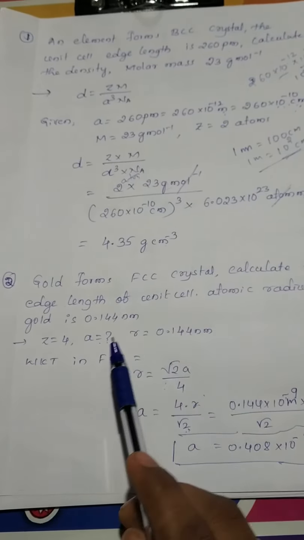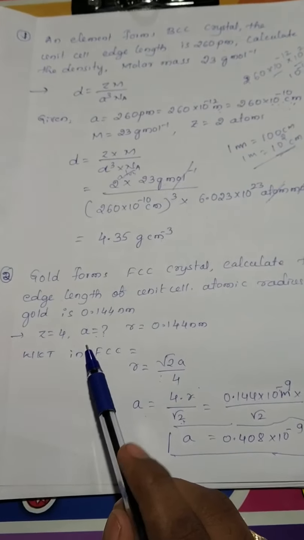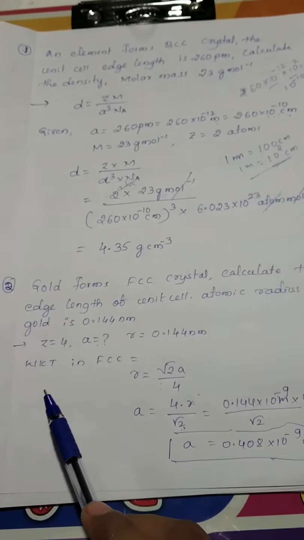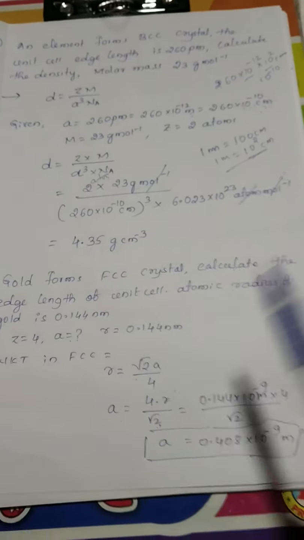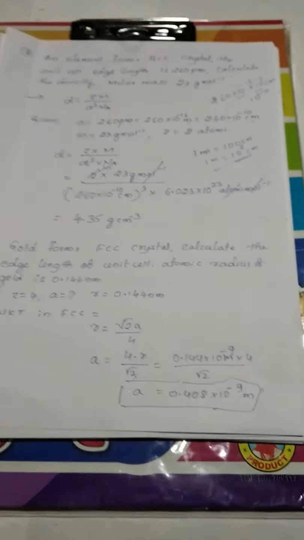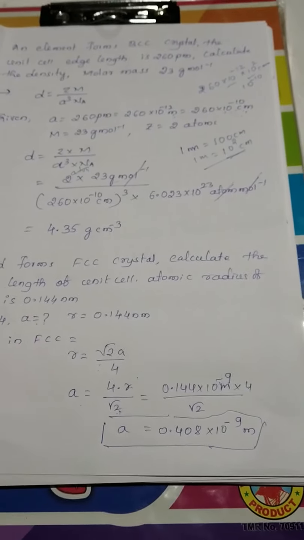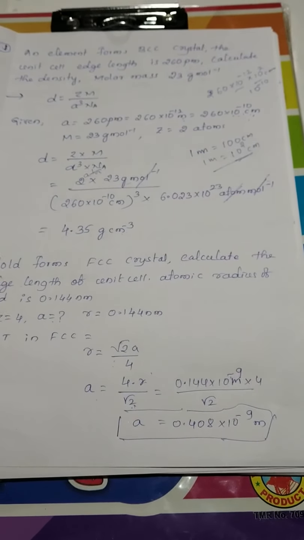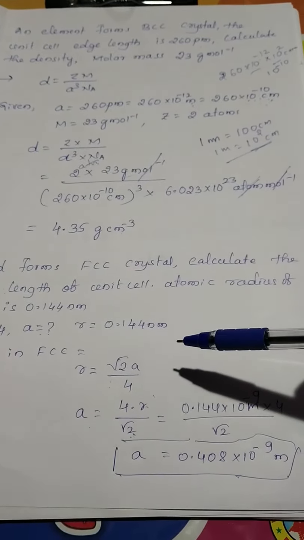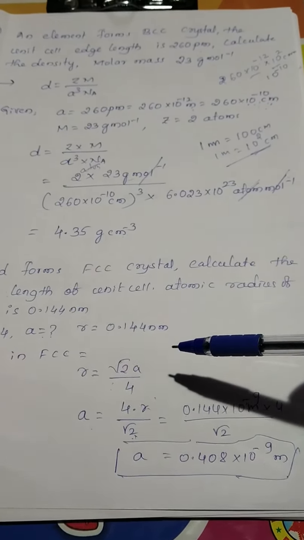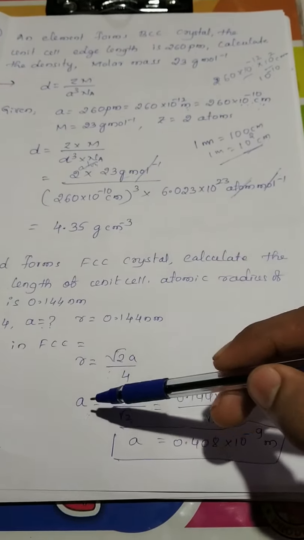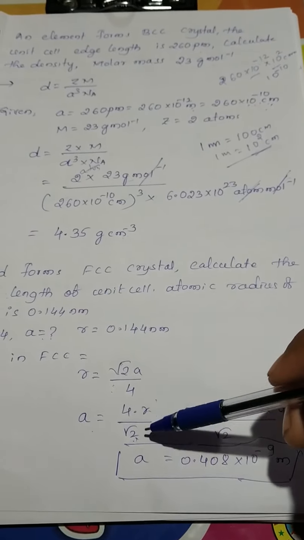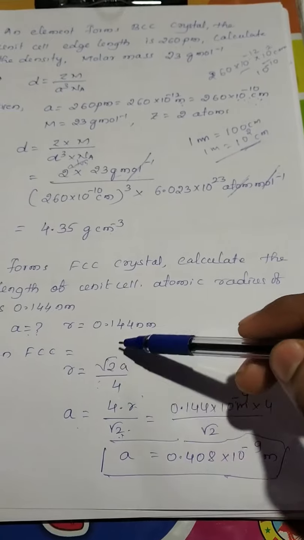R is given. So what is the relation between A and R? You know this already from the packing efficiency in FCC crystal lattice. While calculating the packing efficiency in FCC, in between we determined the edge length: A equals 4R divided by root 2, or R equals root 2 A divided by 4.